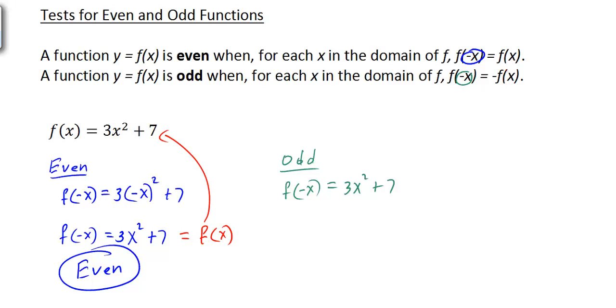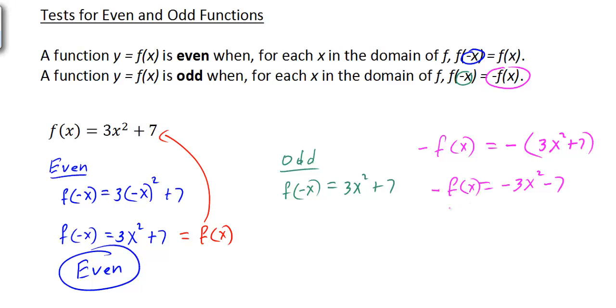The negative or opposite of f of x means we're going to put a negative in front of the entire function, 3x squared plus 7. Distributing the negative, we get negative 3x squared minus 7. So this is the opposite of f of x.